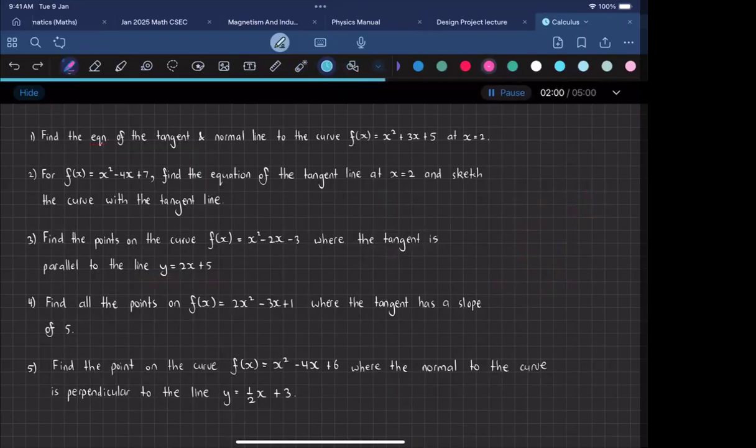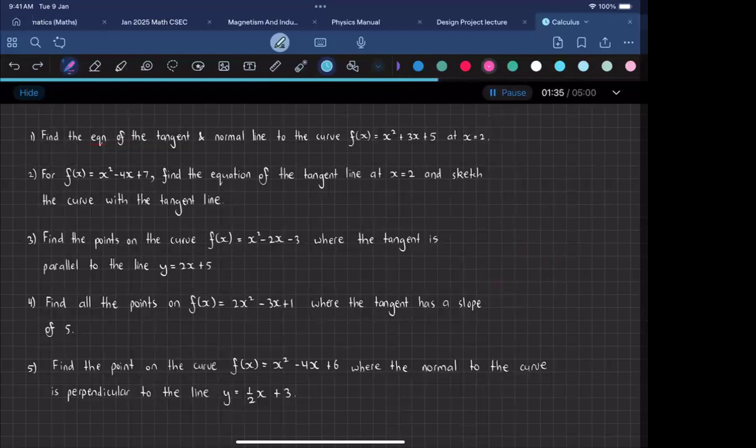Find for y. I just have to find for y. No, x and y. Let me try to understand how we're gonna do that. So you have the equation of the curve, and we're saying that the gradient of the tangent is 2.